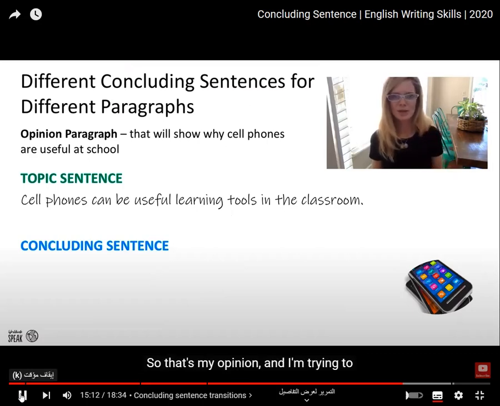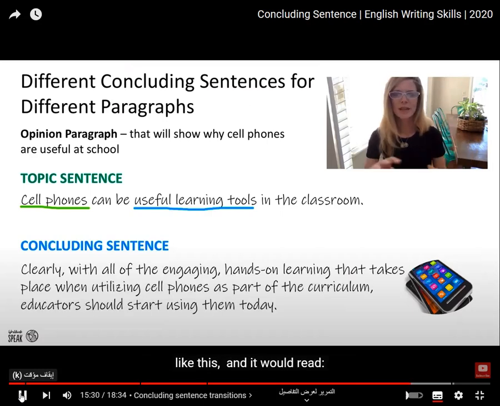So that's my opinion, and I'm trying to convince you. The topic is cell phones, and the focus of the paragraph is to show that they are useful learning tools in the classroom.